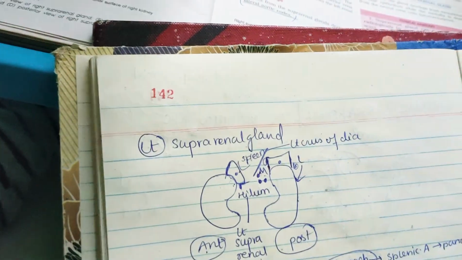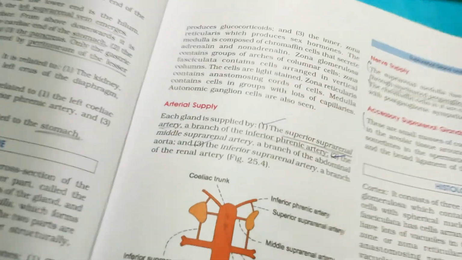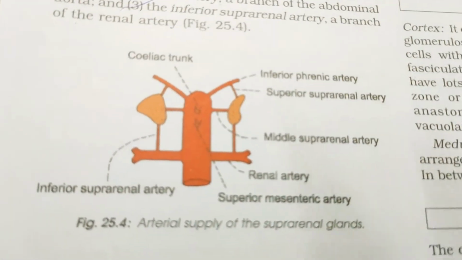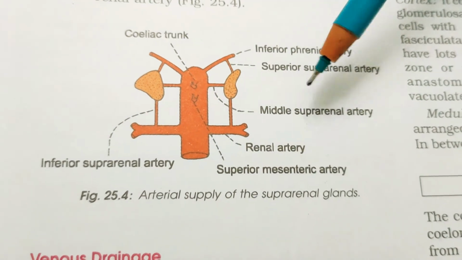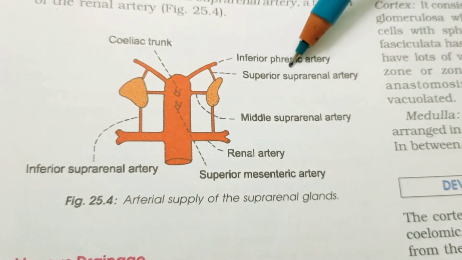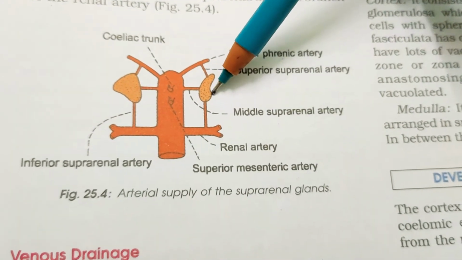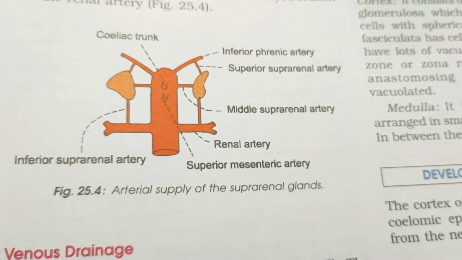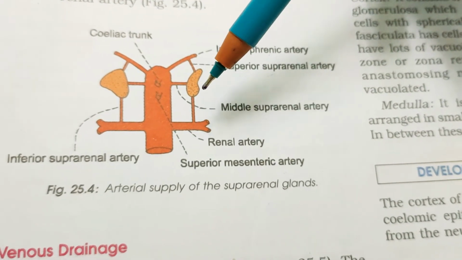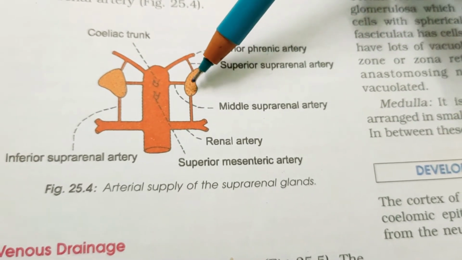So finally, let us discuss the arterial supply by means of this diagram. You can see here, the suprarenal gland is supplied by the superior suprarenal artery, which is a branch of inferior phrenic artery. Also there is a middle suprarenal artery, which comes directly from the aorta, and this is also supplying the suprarenal gland.